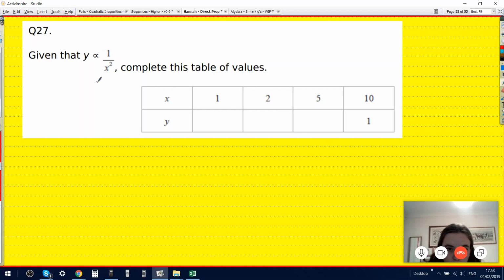And that symbol means proportional, is proportional to. Okay.